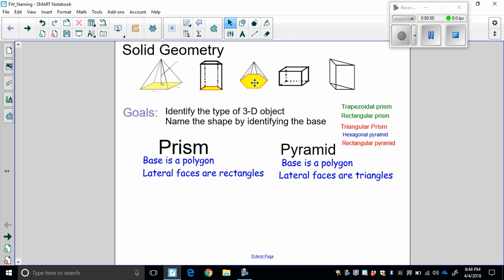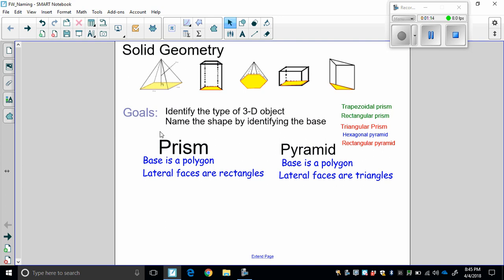Those are some different types of polygons. Here there's a rectangular base, and here there's a triangular base. So those are some of the possible polygons, but it's a three-dimensional figure, and some of these are prisms and some are pyramids. So one of the goals today is to identify the shape and name it properly.